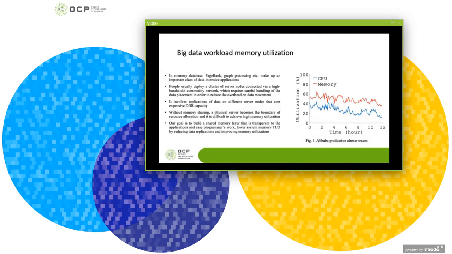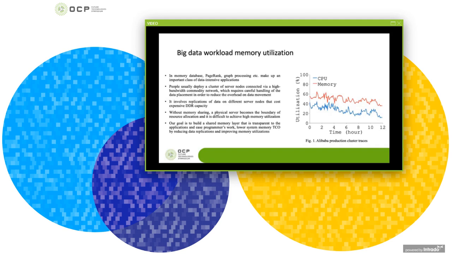So in-memory database, PageRank, graph computing, etc. make up an important class of data-intensive applications. To support such large-scale computations, people often deploy a cluster of server nodes connected via a high-bandwidth commodity network. However, this solution requires programmers to carefully handle the data placement and computation parallelism in order to reduce the overhead on data movement.